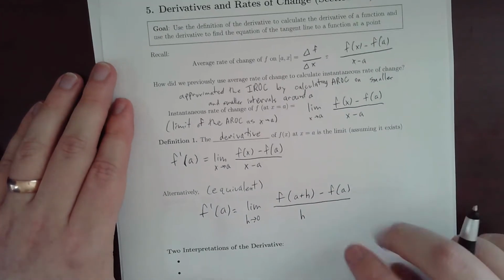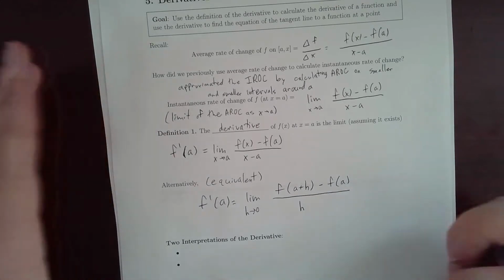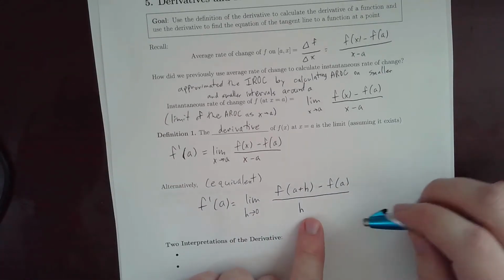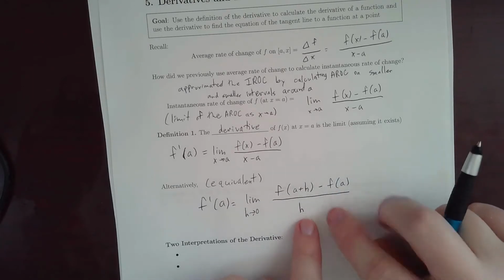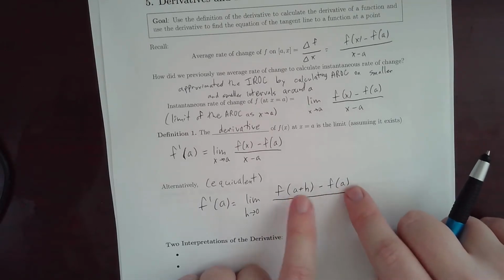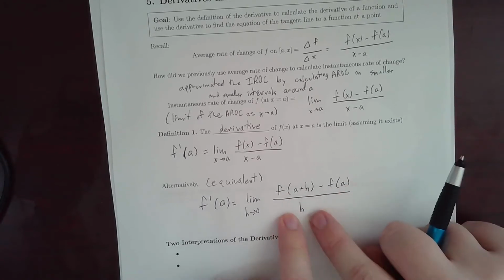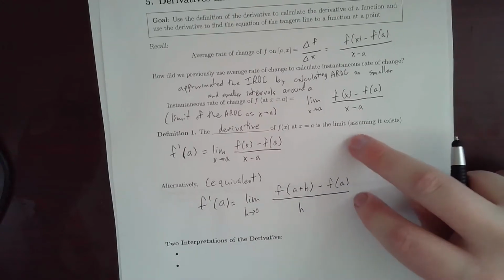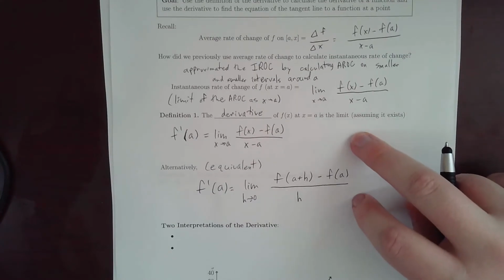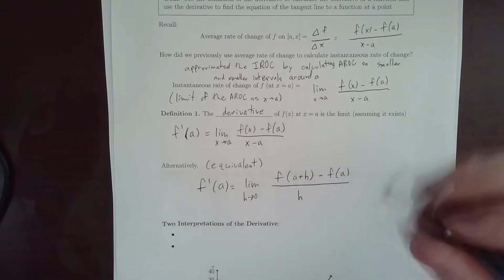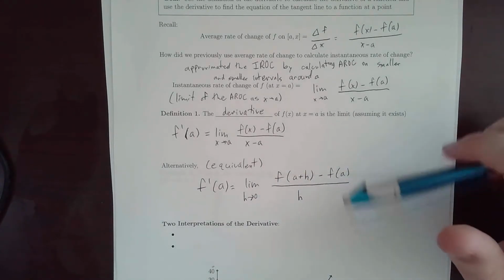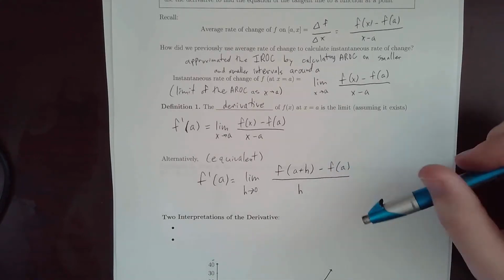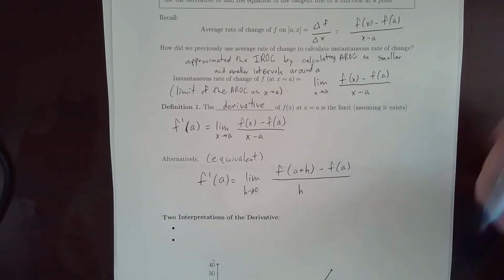And so essentially this slight rewording is just replacing the x minus a with h. And so what this does is it describes, okay, as we're getting our function values closer and closer to this f of a, and we're shrinking this gap to 0, what's happening? So you can use either of these formulas. Either one of these will get you what you're looking for. In some cases, one of the limits may be a little bit easier to calculate than the other. So if you're stuck trying to do one method, try switching to the other method, or vice versa.